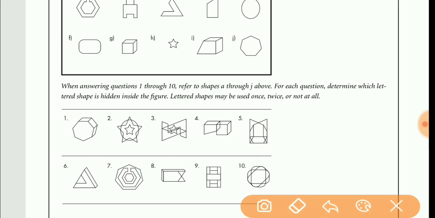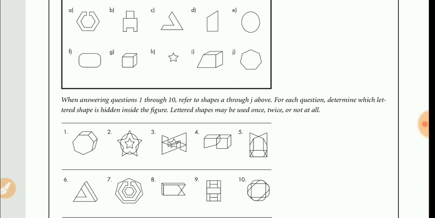In this problem we can check, this figure is not embedded, not this. Let us check in this problem. It is also not, because the length is too big as compared to this.